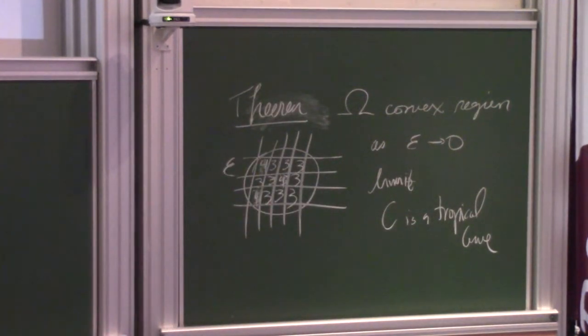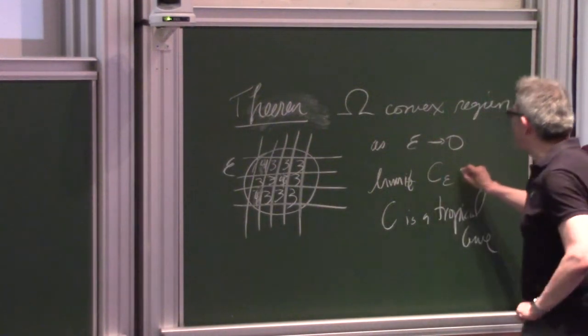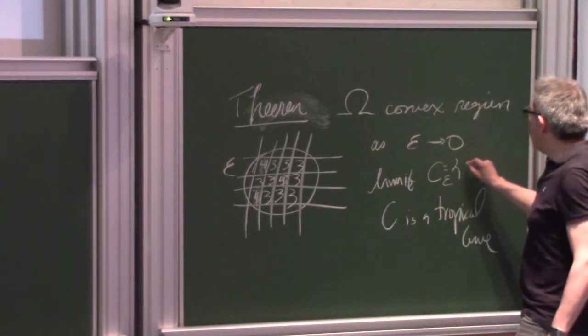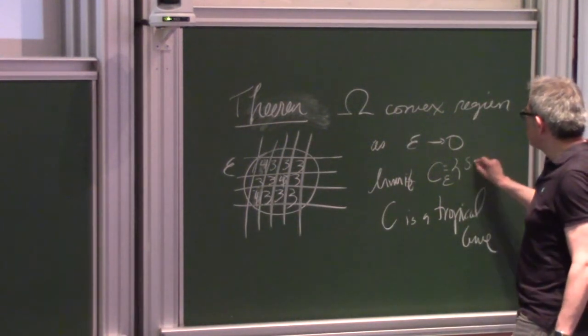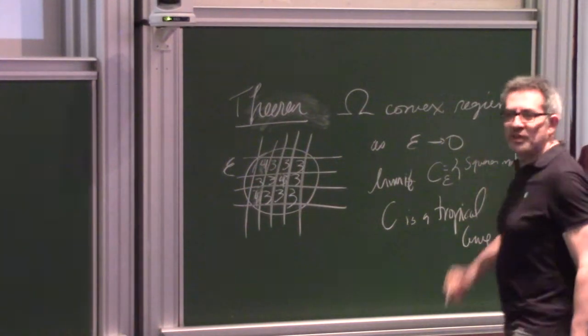The tropical curve consists of 2, or what is it? You get a diagram of 3 and 2 or something like this. No, well, the points, the set C epsilon is the set where the square is not 3.